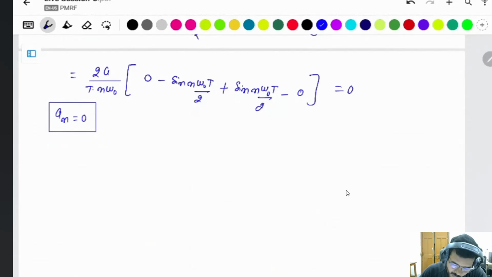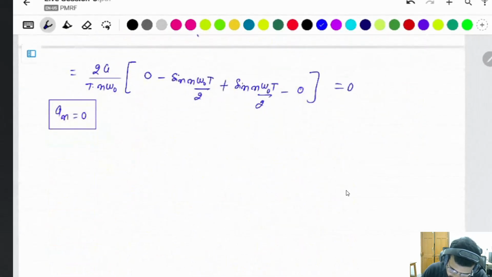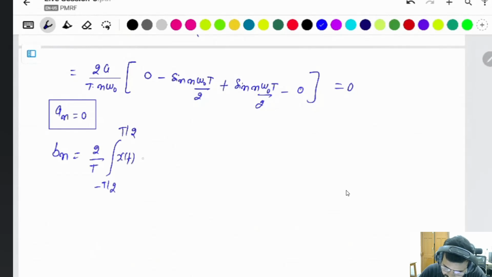Now what is the value of bn? Bn will be calculated as 2 by t integration of minus t by 2 to t by 2 xt sine of n omega naught t dt. Same thing, a is there, then we can take common a, minus t by 2 to 0.